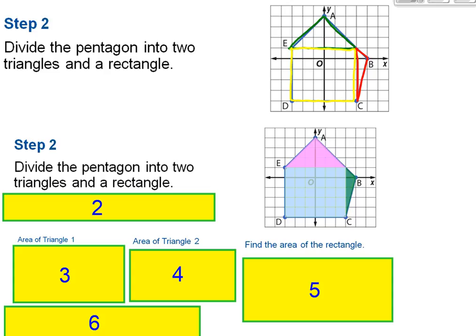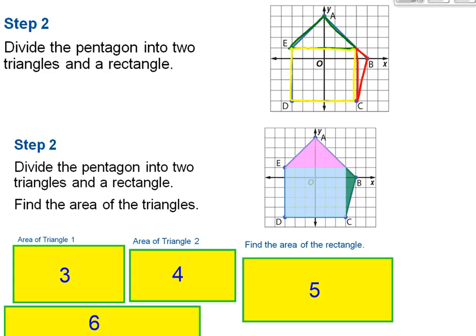And so the next thing we're going to do, we've divided the pentagon into two triangles and a rectangle, and now we're going to find the area of the triangles. And triangle 1 is going to be that top one that I called that green triangle. If you'll look at that one now, I'm going to label some things in black.